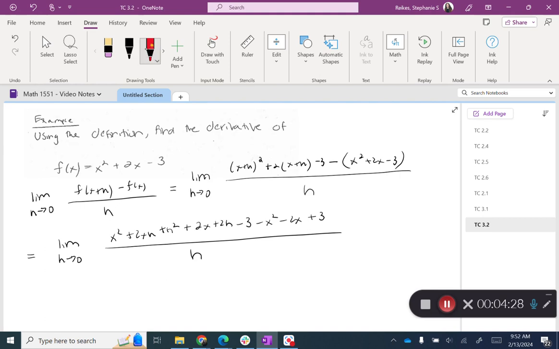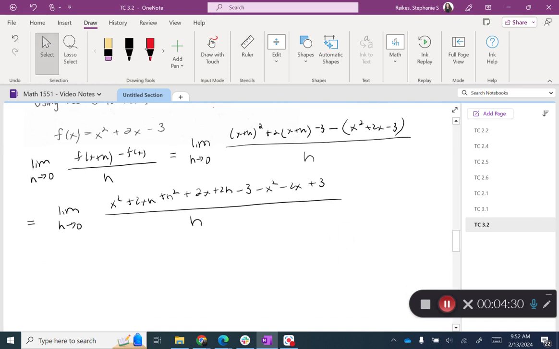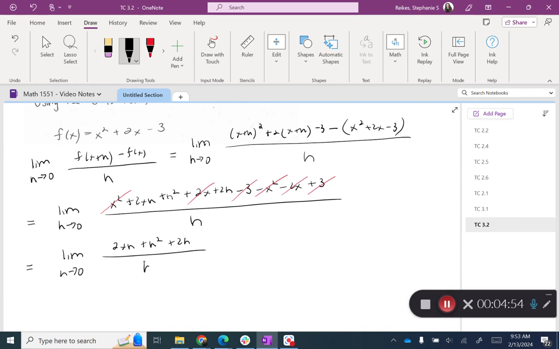After that, I see a bunch of stuff I think that's going to simplify for us. Let's see, I got an x squared and a negative x squared disappears. I got a positive 2x and a negative 2x, and that goes away. And lastly, I see a negative 3 and a positive 3. So, writing out what is left, I got the limit as h approaches 0 of 2xh plus h squared plus 2h all over h.